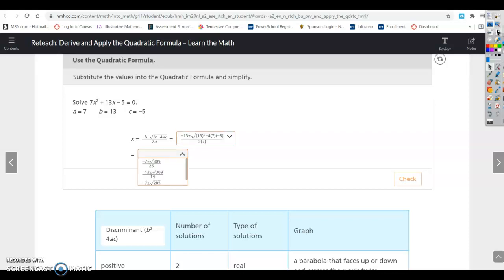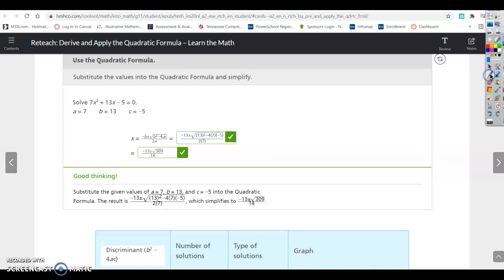Alright, then they're going to simplify that. So if you simplify the discriminant, which is the part under the square root, you're going to get negative 13 plus or minus the square root of 309 over 14.